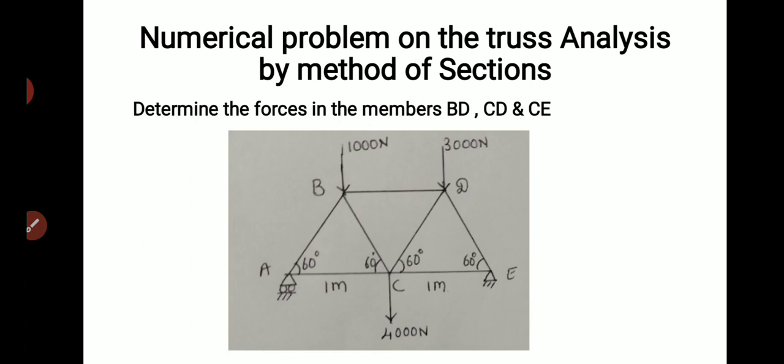Here, I have taken a problem of a truss wherein I need to determine the member forces at BD, CD and CE. So I need to determine only the forces in the specified members.